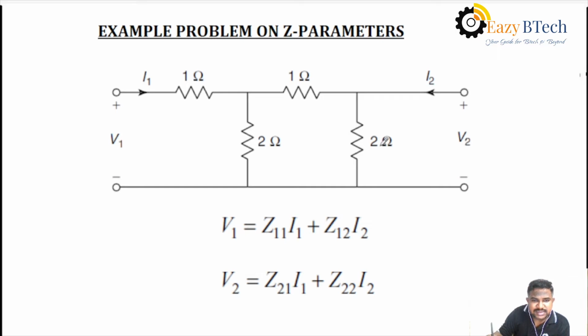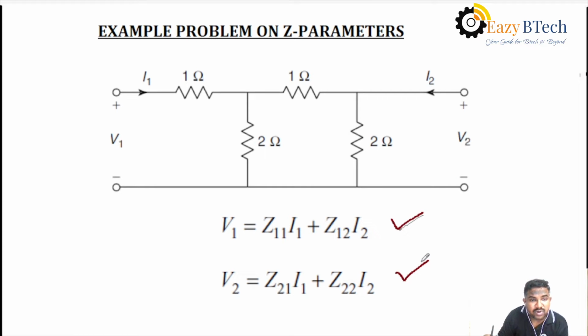These are the standard equations of Z parameters: V1 equal to Z11 I1 plus Z12 I2 and V2 equal to Z21 I1 plus Z22 I2.